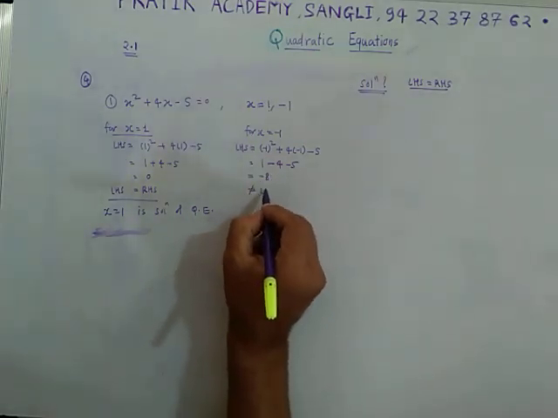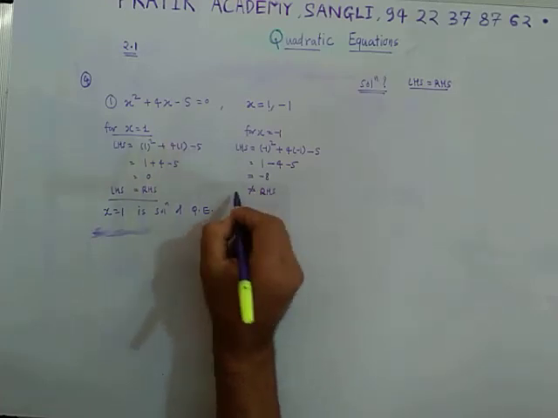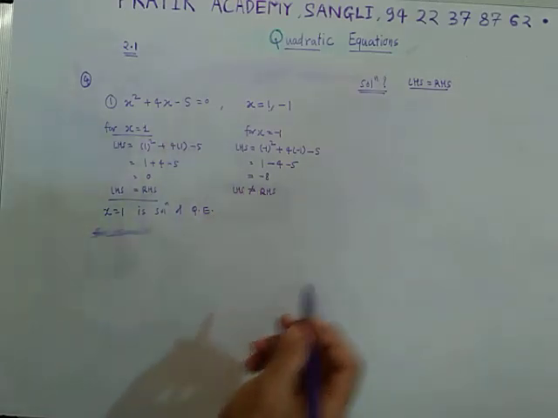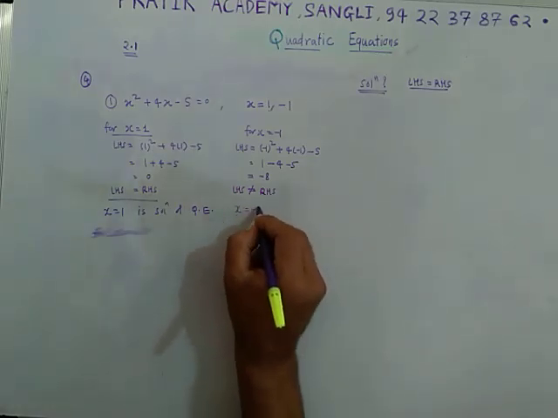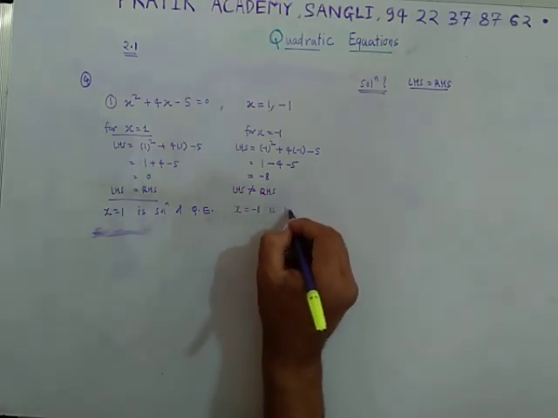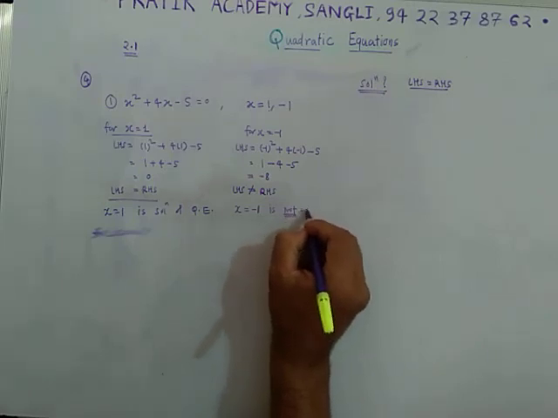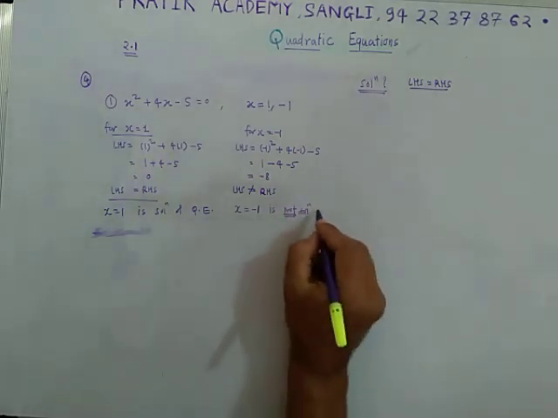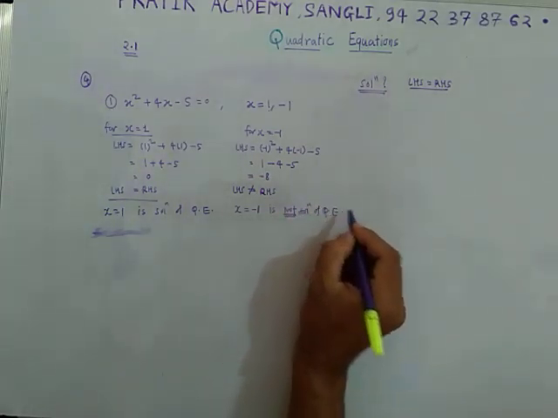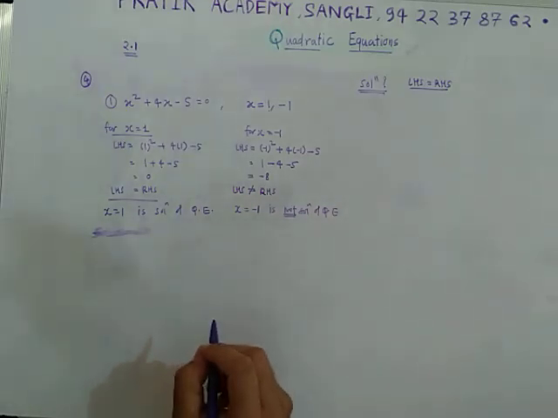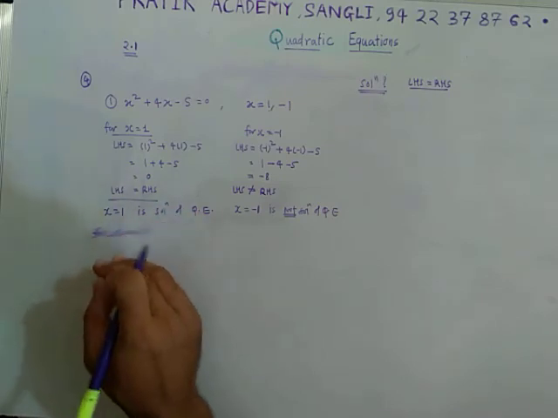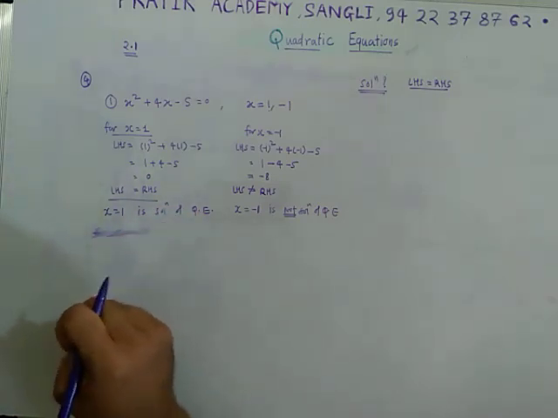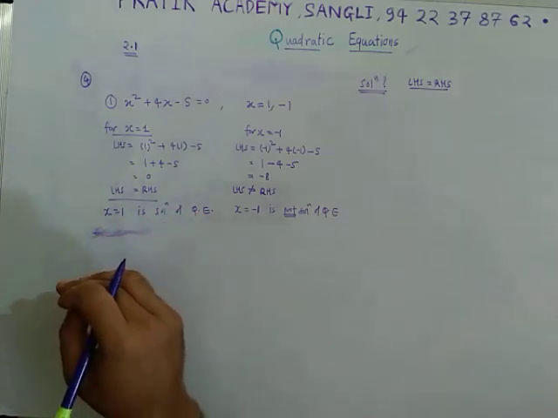This is not equal to RHS. So LHS is not equal to RHS. x = −1 is not a solution of the given quadratic equation. Similarly, you can check the second one. So this is problem number 4.